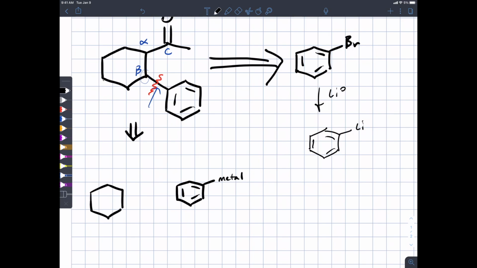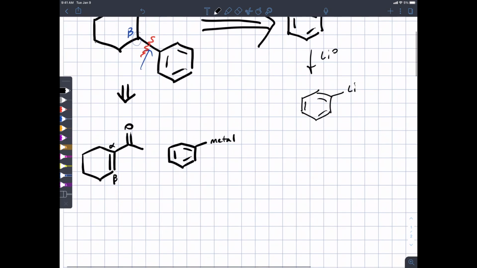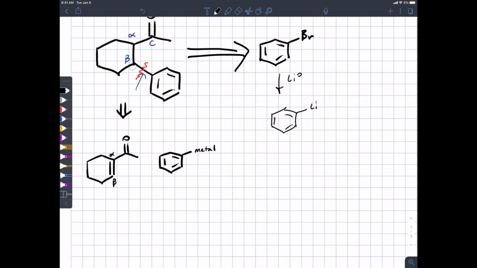And then what would this part have looked like? You mentioned a double bond. So here. Okay. Good. That's an alpha-beta unsaturated carbonyl compound. We talked last time about how these are reactive both at the carbonyl carbon and at the beta carbon.